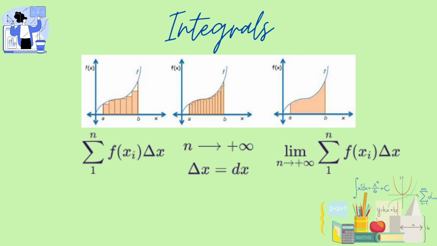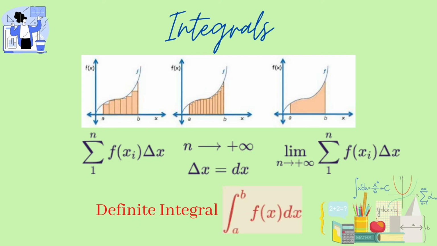Note that the change in x is also referred to as dx in our lesson on derivatives and integrals. The limit of the sum of the areas of the rectangles is defined as the definite integral. This is written using this notation.